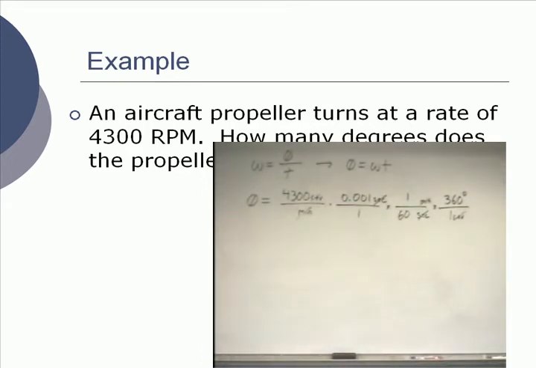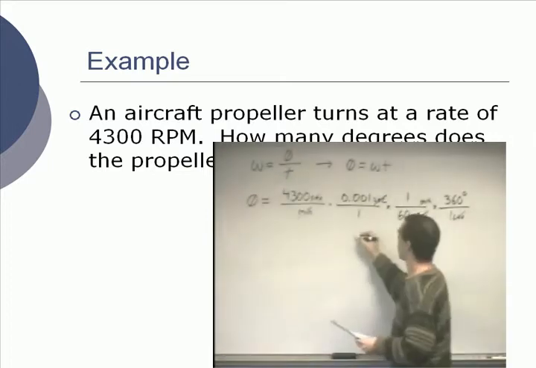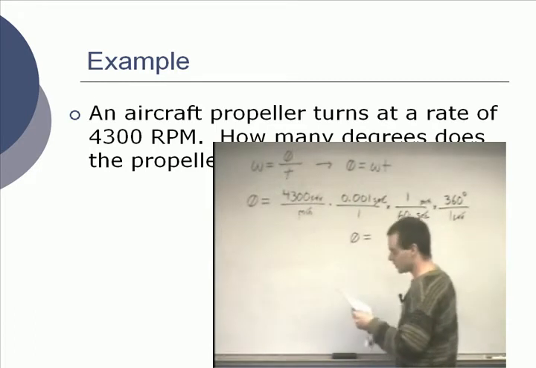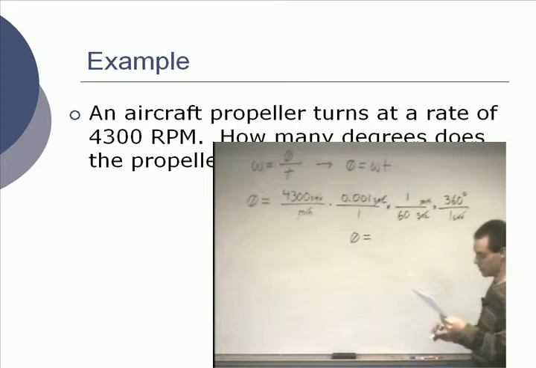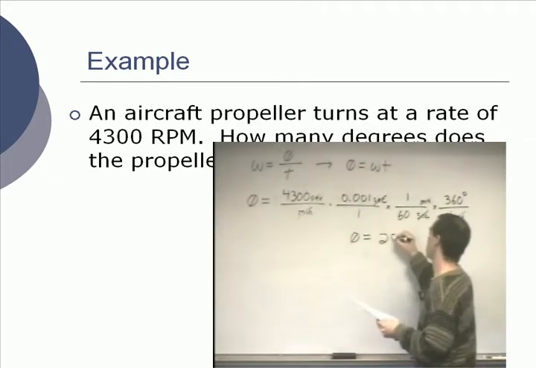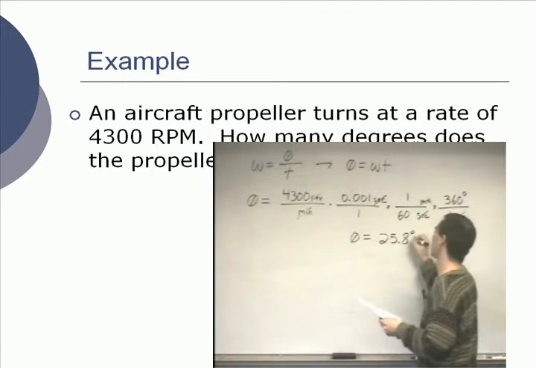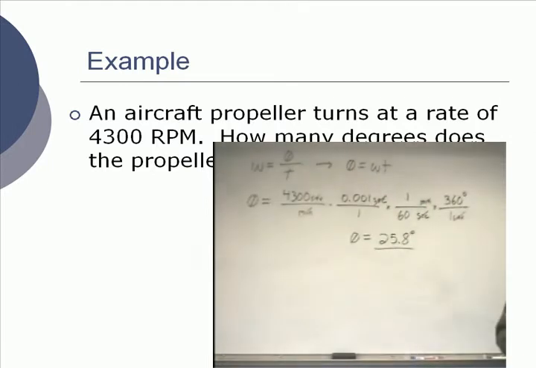As long as you're using the relationship between omega, theta, and t correctly, the units will always work out just the way you want them. And if you solve that, what does theta turn out to be? There it is. Just about 26 degrees. So that propeller is moving fast, but a millisecond is so slow that it's not moving very far.